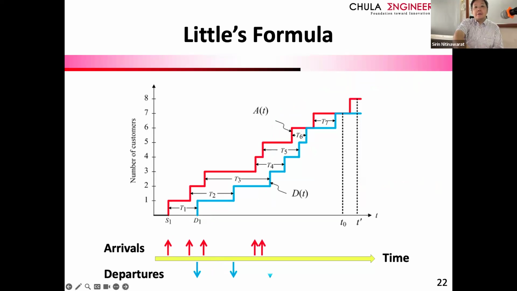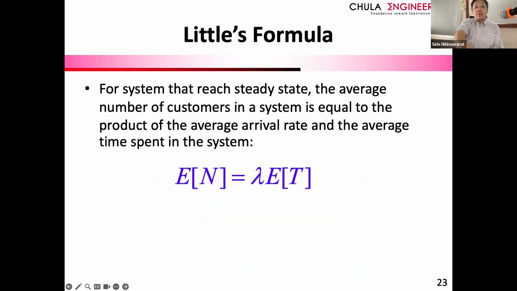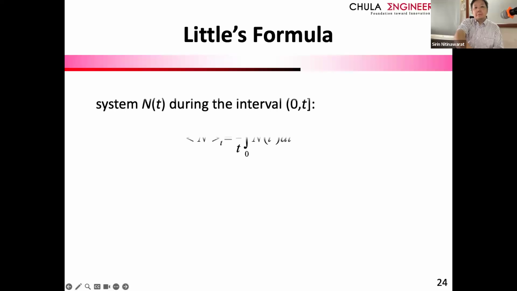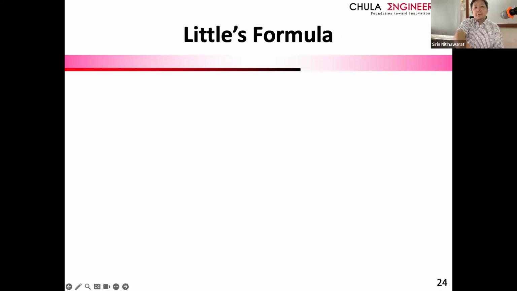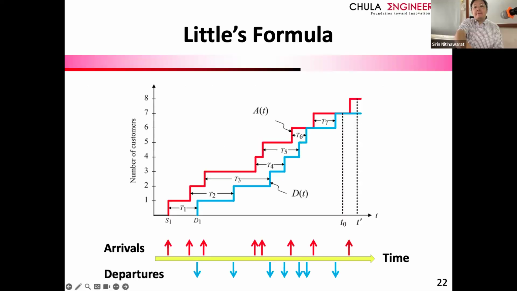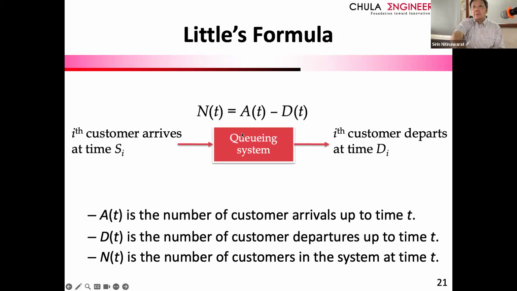Pretty intuitive, right? You can mark the arrival and departure instances by the arrow. Again, having described the two important staircase plots, AT, DT, and their difference as NT, remember?